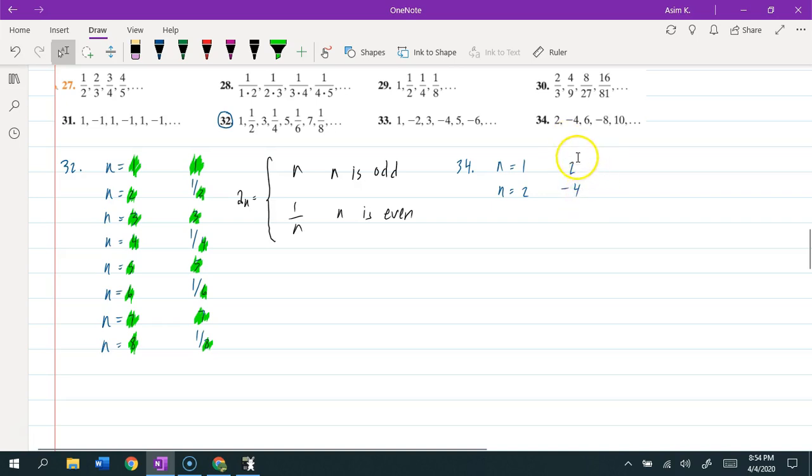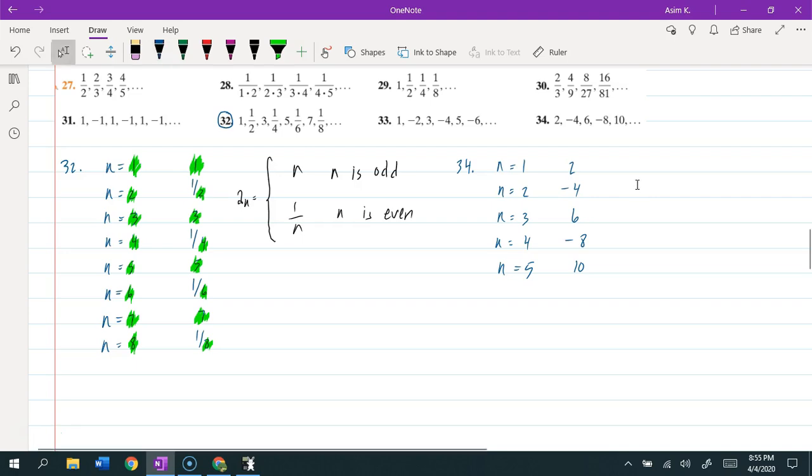Forget about the 2's and the 4's. What would you need to multiply something by to go from a positive to a negative? N is equal to 3 all of a sudden becomes positive again. So it starts to become a little bit more clear how we're proceeding. It keeps going positive, negative, and then positive again.